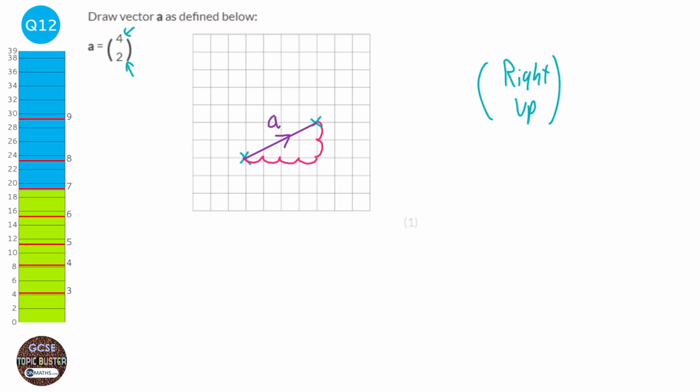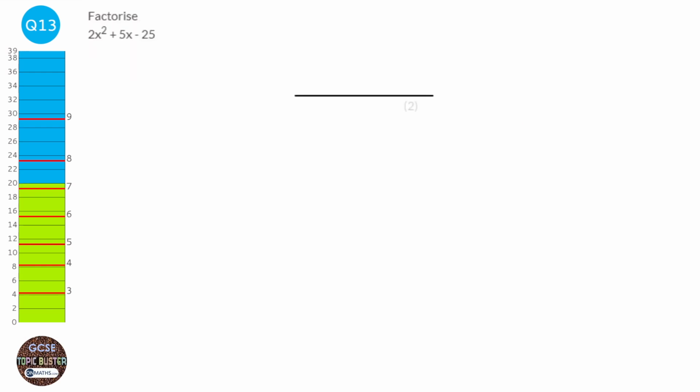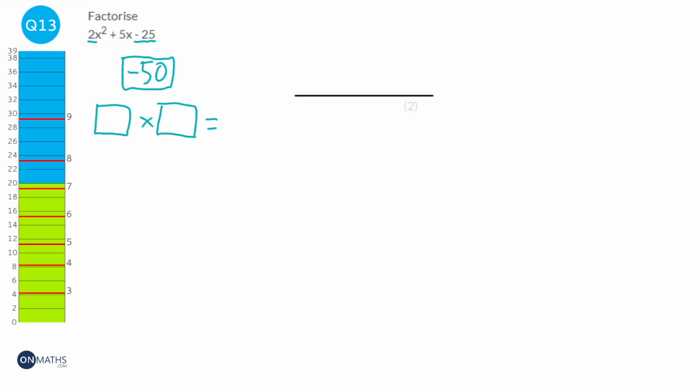So A. We're going to first of all find our target number by multiplying the coefficient of the x squared, which is 2, by the number on its own at the end, which is minus 25. So 2 times minus 25 will be minus 50. And the reason this number is special is because we're looking for two numbers that multiply together to make that minus 50. We're also looking for two numbers that add together to make the coefficient of the x, that positive 5 there.